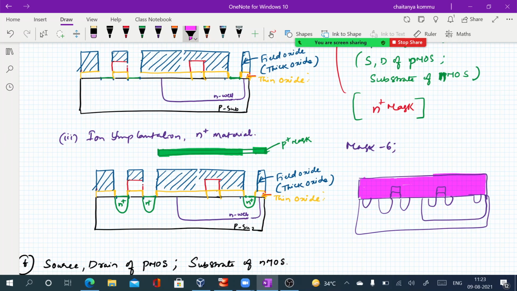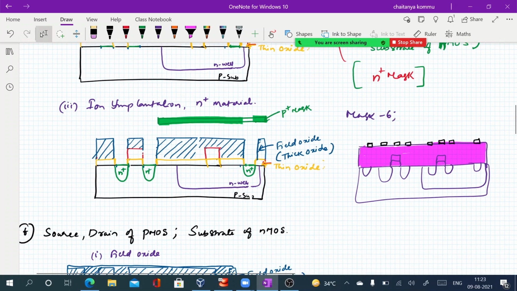Now what I have to do is create some portions, like here. One portion is required here, here, here, and here. What are these called? We can call them contact cuts. So for the contact cuts, one mask is required, that means selecting a particular portion for contacts.